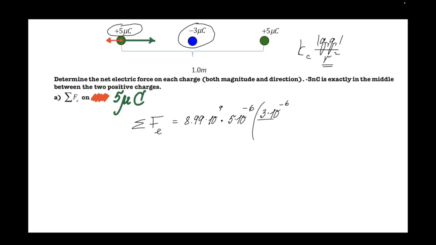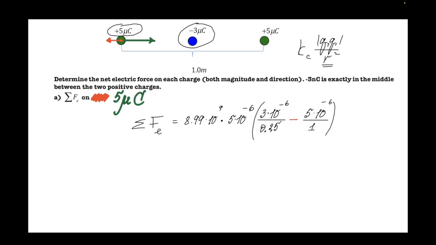And the distance between those two charges is 0.5. So when I square the 0.5 meters, it's going to be 0.25. That's the force to the right. The force to the left, since it's to the left, I'm going to subtract it. It's going to be 5 again times 10 to the negative 6th, and the distance between those two is 1. All of that would give me my net force on the charge of 5 microcoulombs, which in my case is on the left. Grab your calculators and figure out what the value will be.